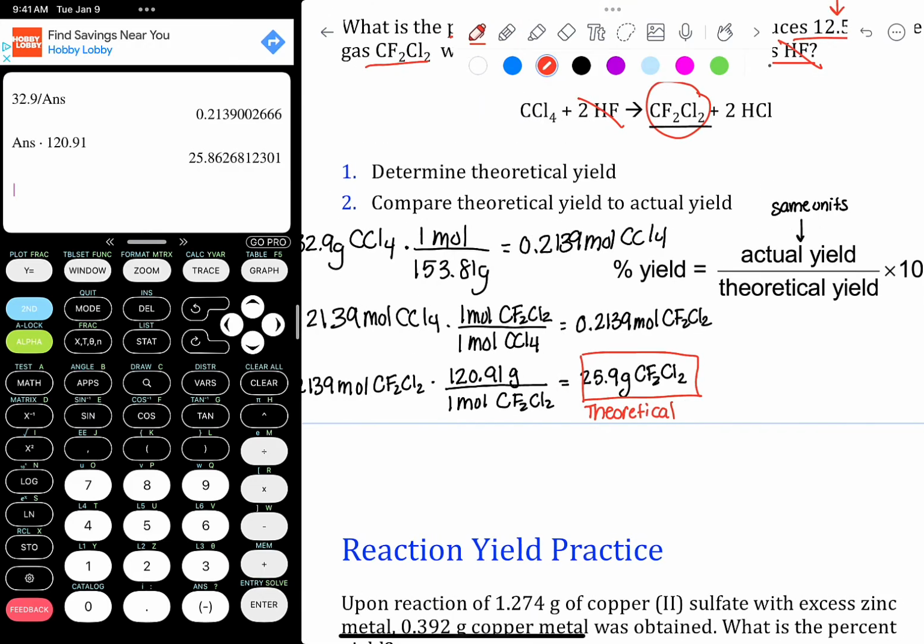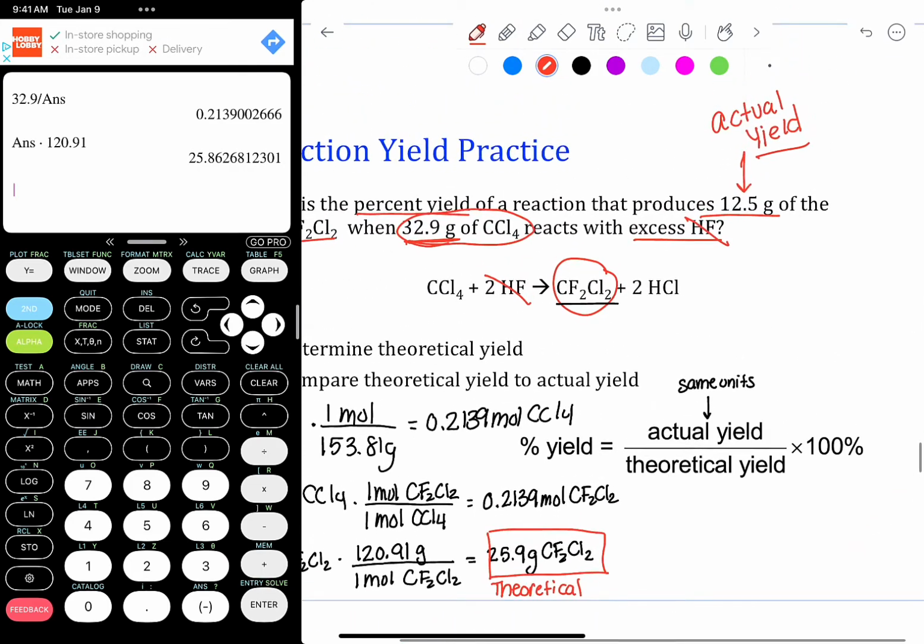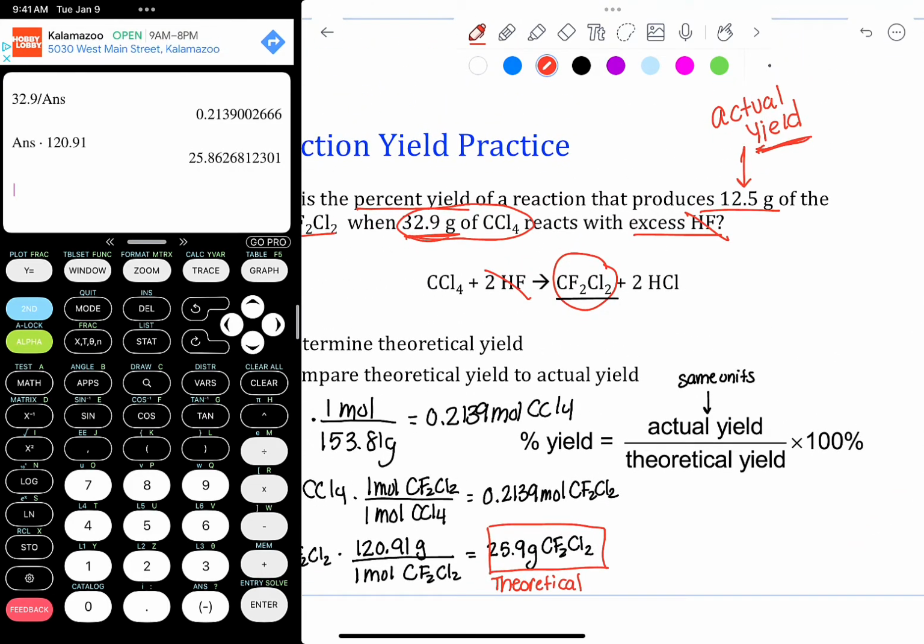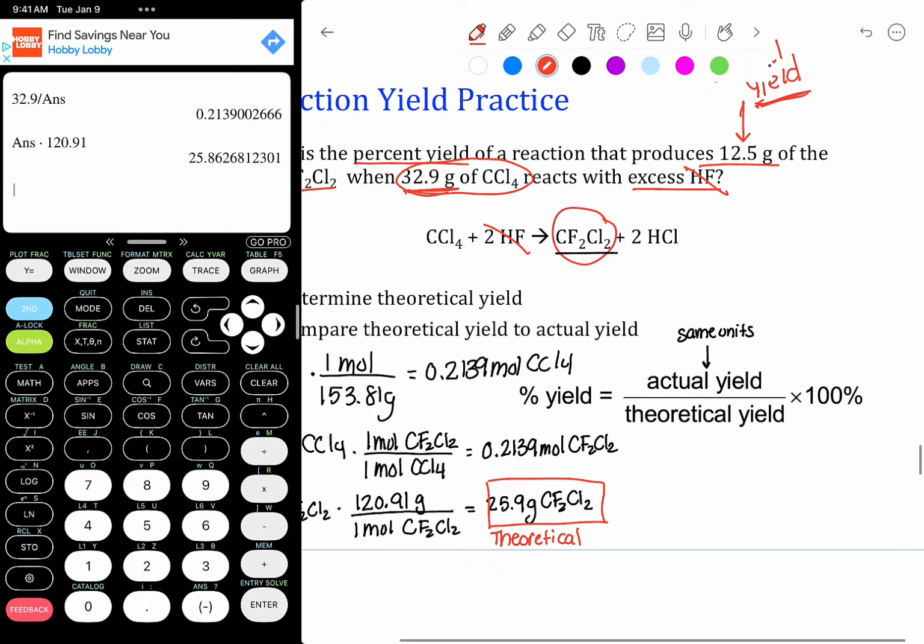So we now have our actual yield up here and our theoretical yield. We have those values and they're in the same units. So now we just have to plug them in to our percent yield equation where we take the actual and divide it by the theoretical and multiply by 100. We just have to do that division to find our yield.